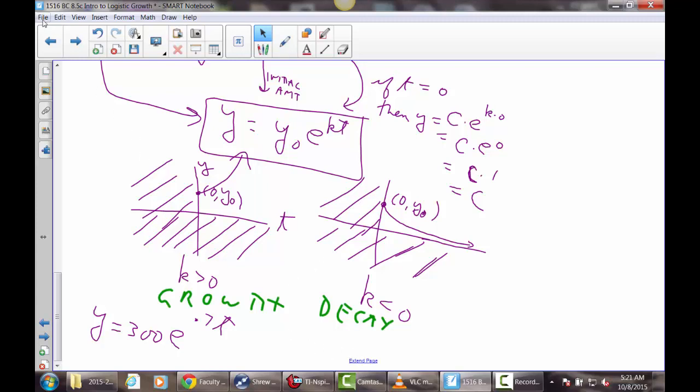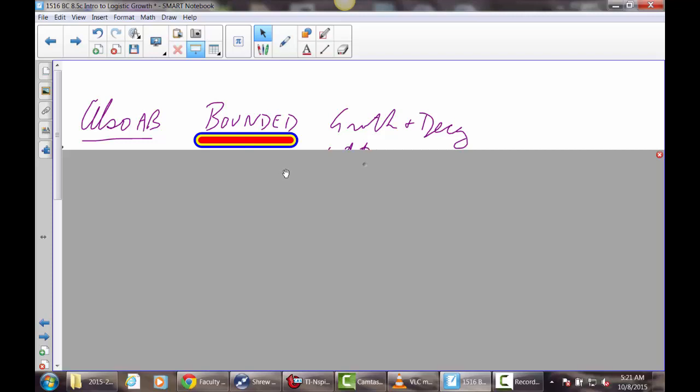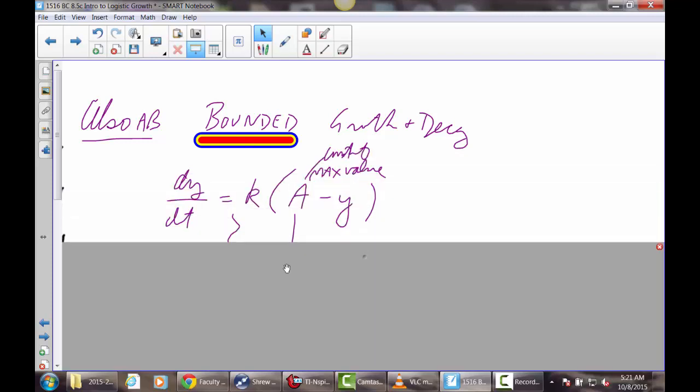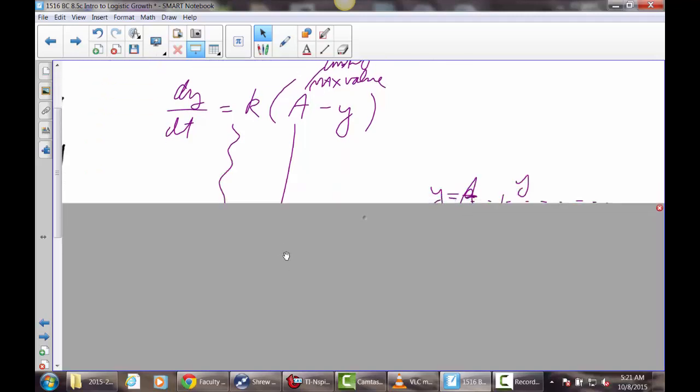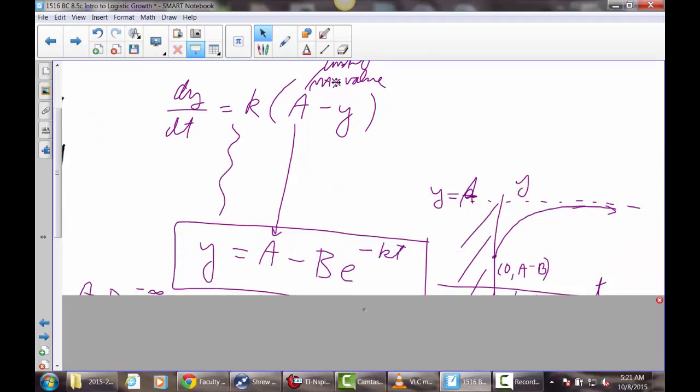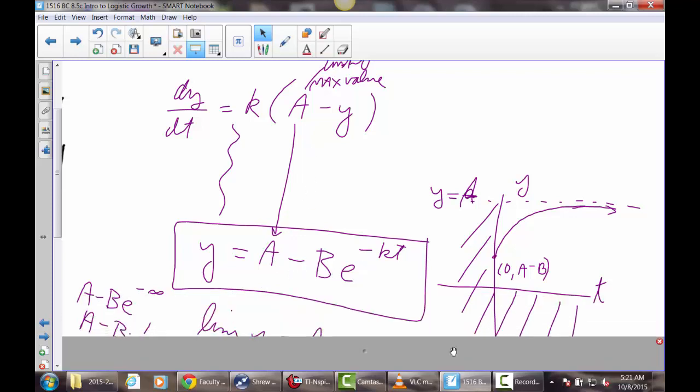Okay? Alright, so then in AB we also saw bounded growth and decay, and that's when you have a maximum value that you cannot go beyond. If you solve this differential equation, which I'm not going to bother showing you the whole process, you get y equals a minus b times e to the negative a kt.